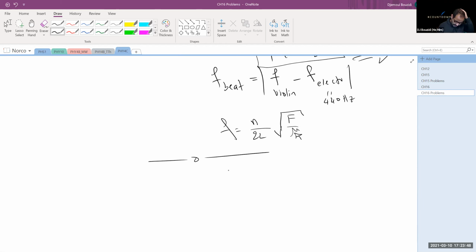So what was her frequency? What was the question A? What was the frequency of the note played by her violin when she heard the 3 hertz?